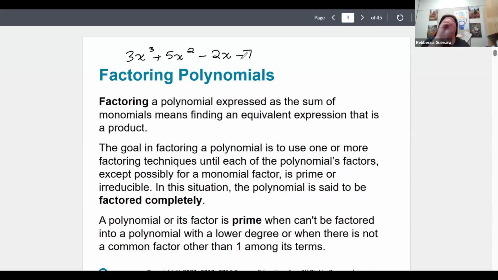When we have a polynomial in this form, factoring it means finding an equivalent expression that is a product. I don't know what it would be, but we're looking for some sort of product like this. This is probably not what it factors into, I'm just making something up. This is what we mean by factoring.